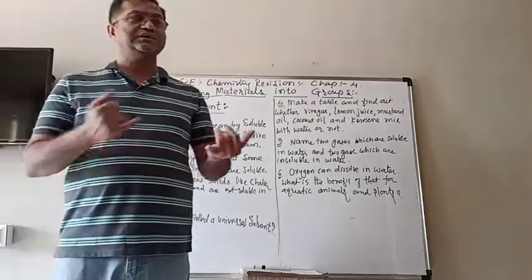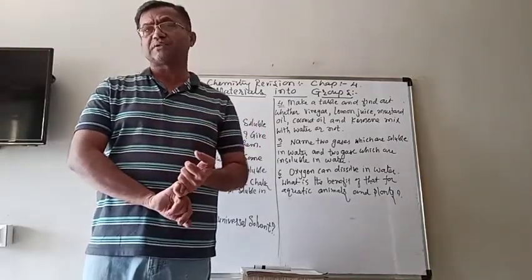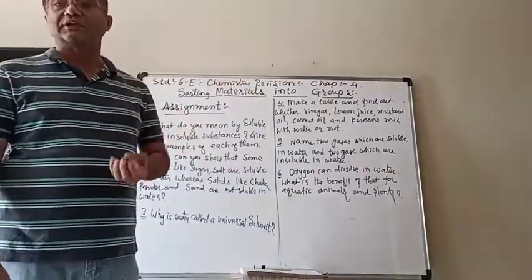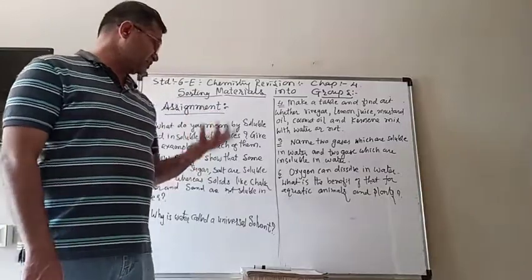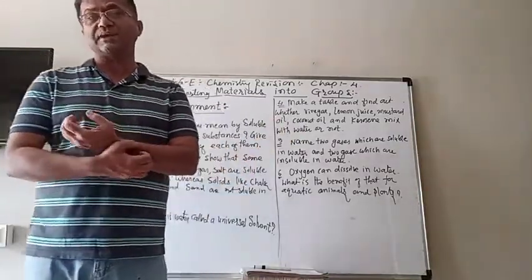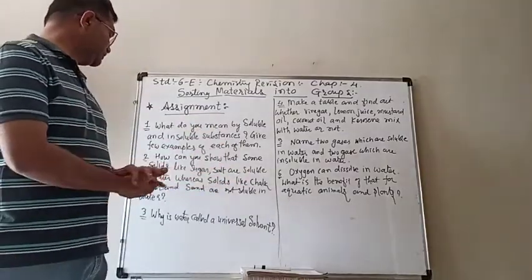It shows that the sugar, salt, etc. solids are dissolving, meaning soluble in water, while the others like sand or chalk powder are not dissolving, meaning they are not soluble in water.